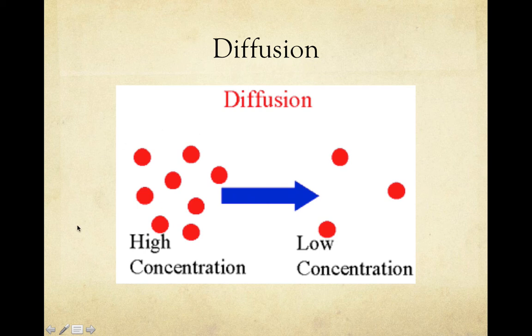This isn't a huge concentration level, but as we get more and more particles, we're going to notice that diffusion occurring, and we're not going to notice the stray particles that come back. Diffusion is going to continue to happen until we reach an equilibrium and the particles are equally distributed throughout the water.